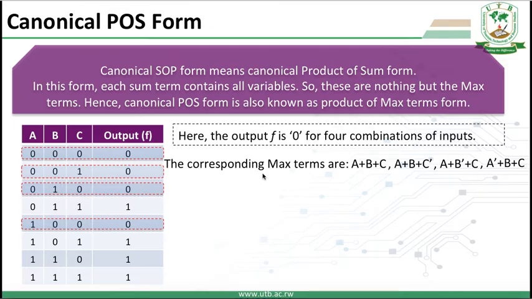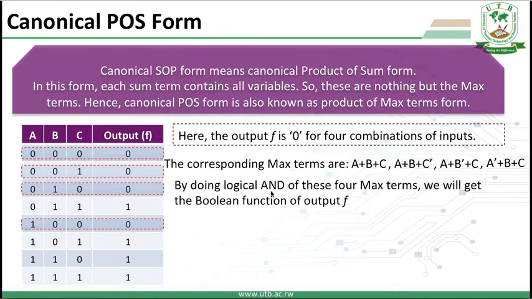So these are the corresponding max terms of the given truth table. In the SOP we were doing logical OR, but here we are doing the logical AND of these max terms. So we are going to do logical AND operation on these max terms.